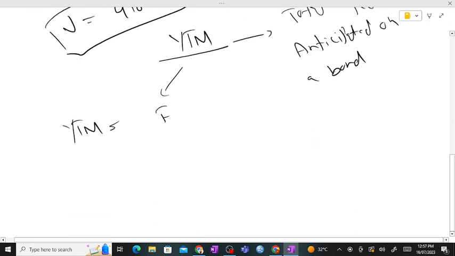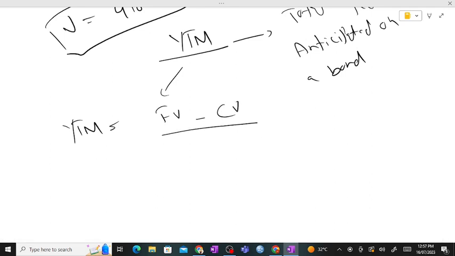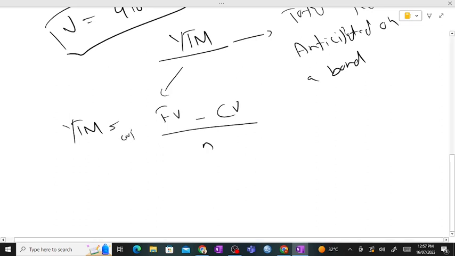The formula of YTM is very simple: (face value minus current value) divided by N, plus the coupon I, all divided by (face value plus current price) divided by 2.